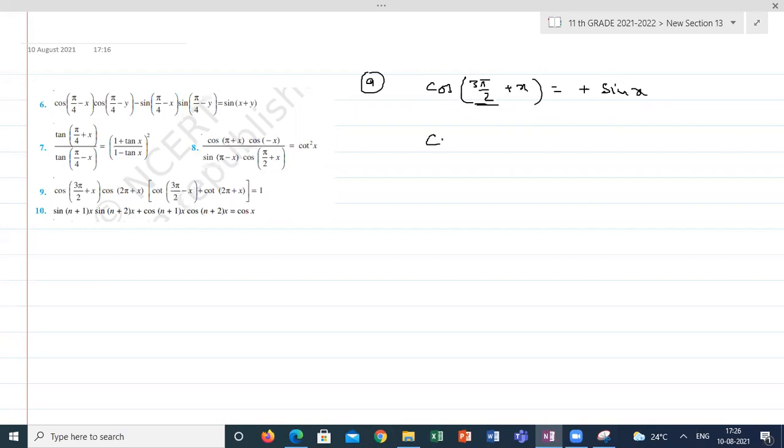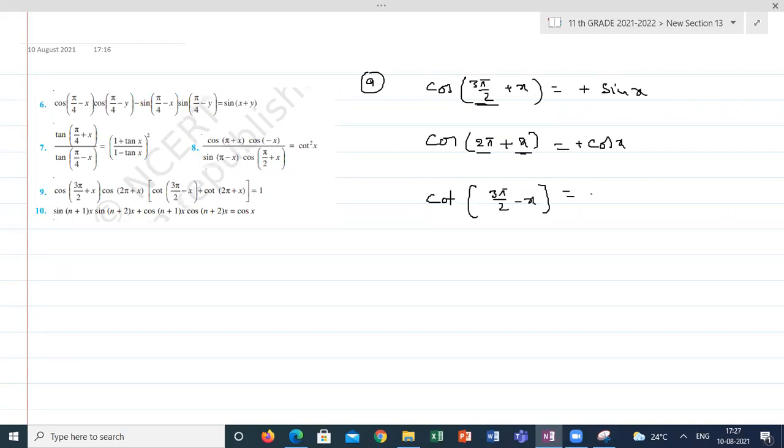Next is cos of 2 pi plus x. So exactly 360 plus theta. Cos 360 plus theta is cos theta. It is in the first quadrant. 2 pi will give the same value, so plus cos x. Now cot 3 pi by 2 minus x. This is in the third quadrant because 270 minus theta.